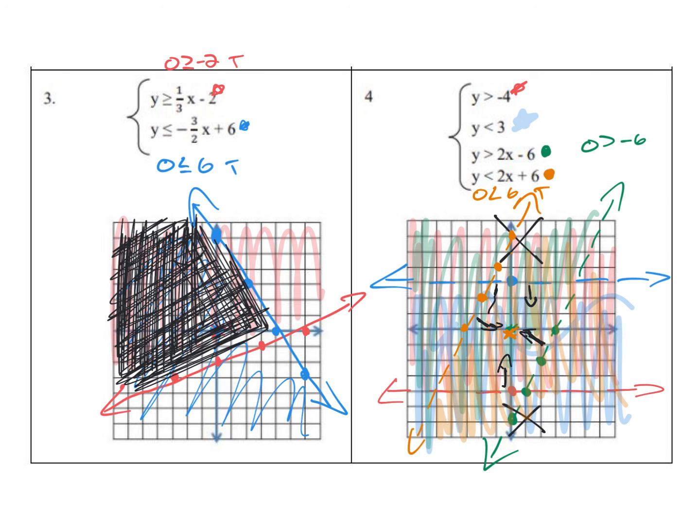So that's going to tell us that we are stuck in this middle region here. Anything in those points is going to be our solution. Anything on the outside, as you see, we got colors kind of going everywhere, but that was the only section that had all 4 colors.